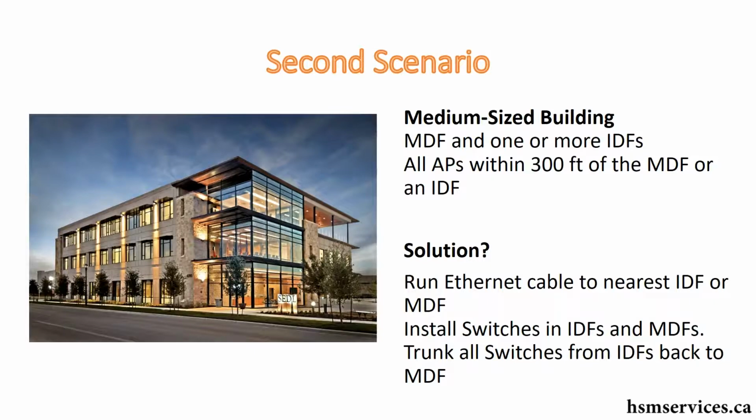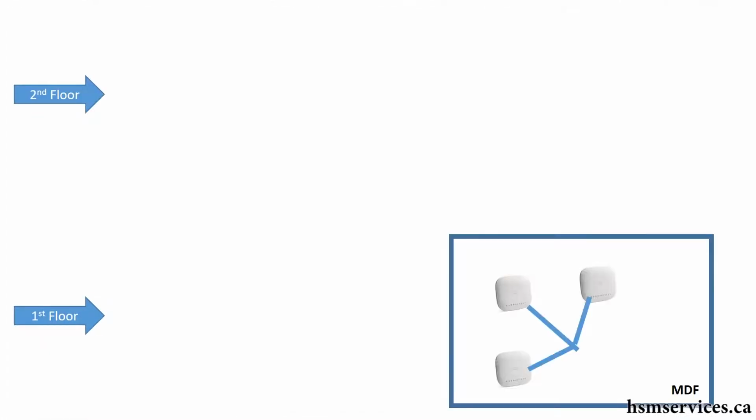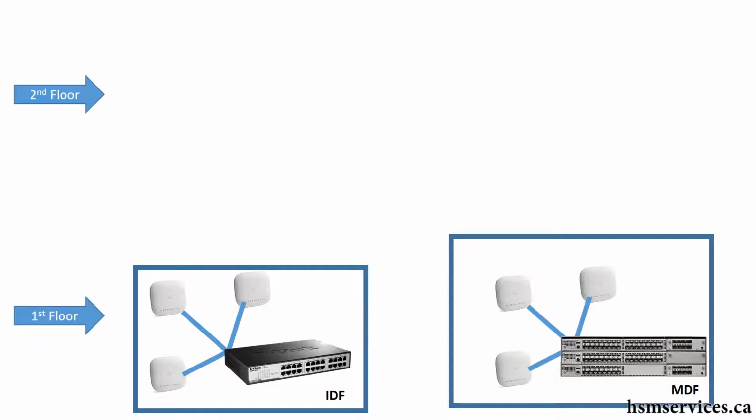And I want to say that it's not as easy as you think, because we do have to think about the type of switches that we're buying and make sure that they have enough capacity to handle the traffic. But again, say we've got our first floor and we've got our second floor, and we've got our MDF with our switch, and we've got our IDF.